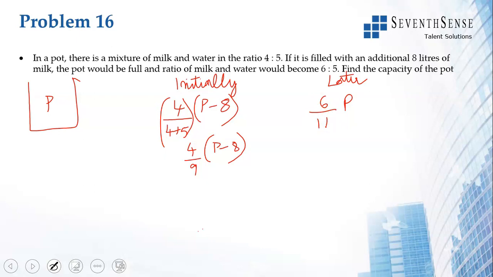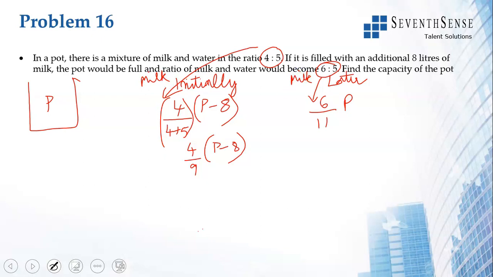So see here, we have taken 4:5 and made 4 by 9. 6:5 we made it 6 by 11 into P, because we have added 8 liters here. Previously 8 liters was less. Now what do we do? How do we equate? We can't equate, so we have looked at the quantity of milk initially and the quantity of milk later. We can't equate because milk has been added.